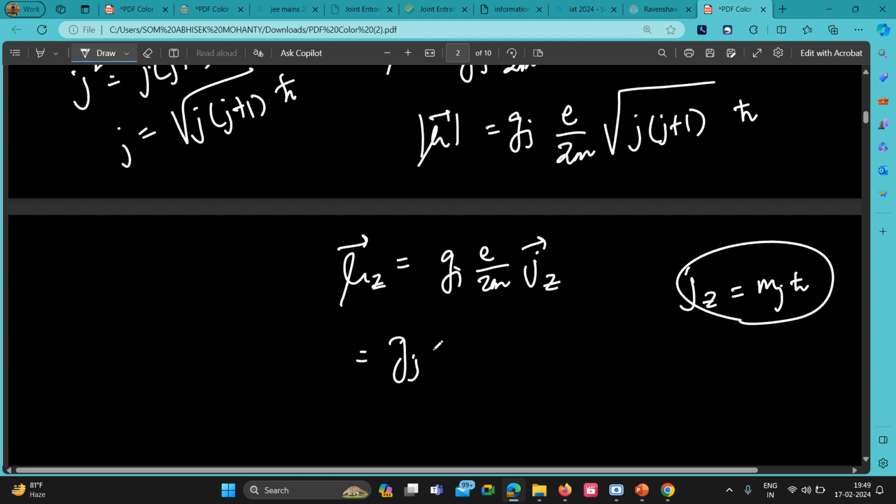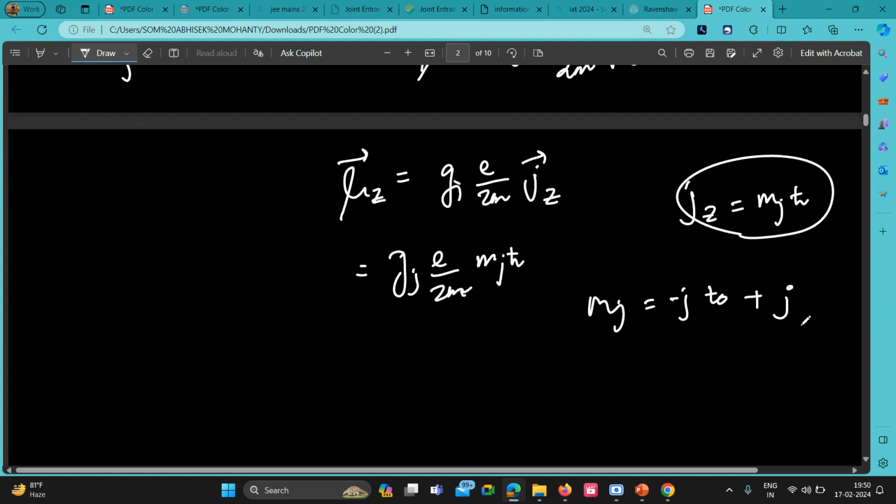So mu z is Gj e by 2m MJ h cut. And MJ has how many values? MJ has values from minus J to plus J. That means 2J plus 1 values.